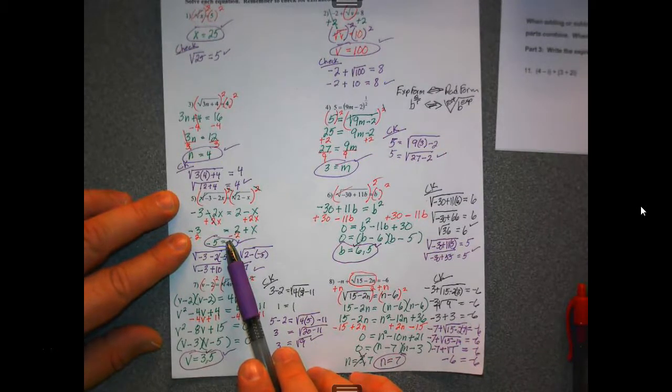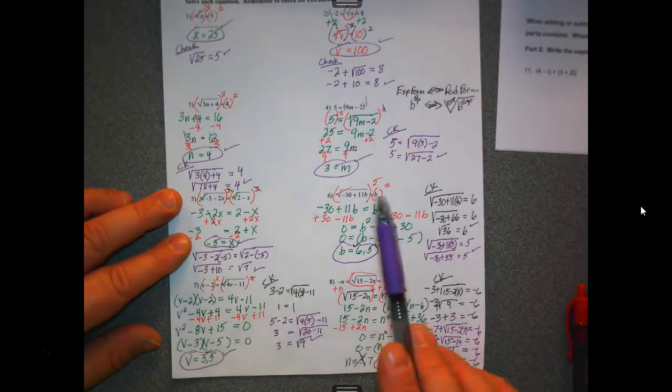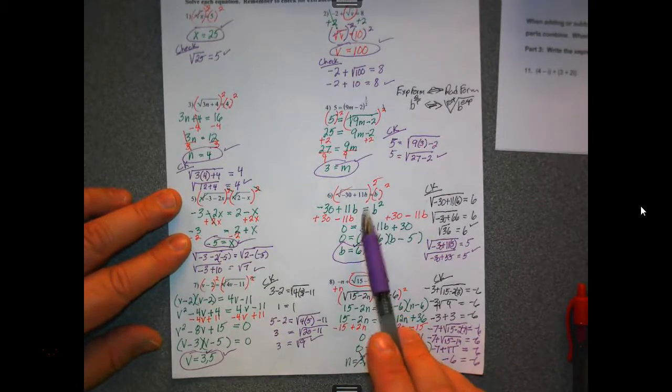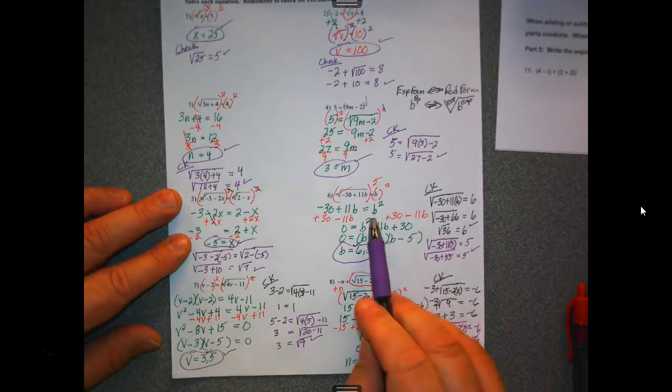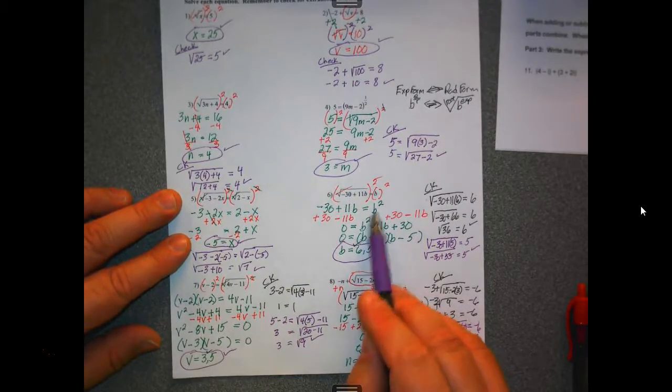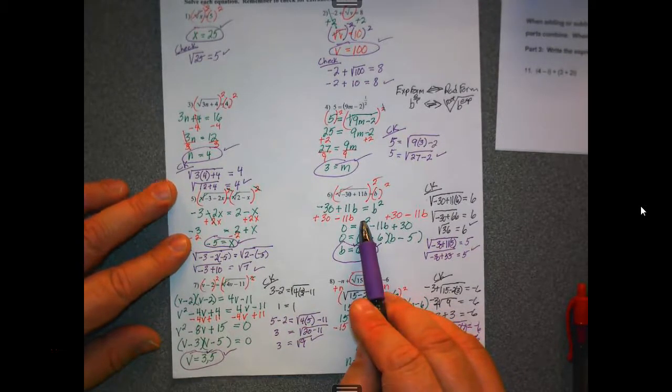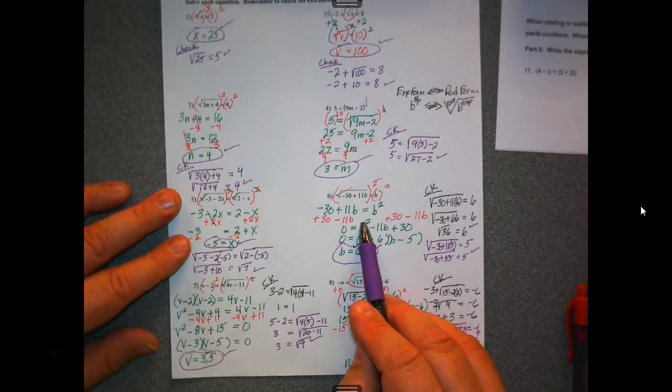You do not have to check linear. When you get into problems like 6, 7, and 8, where you get a squared term, then you have to check for extraneous solutions. So that should cut your work probably by half. Just check quadratic equations for extraneous solutions.